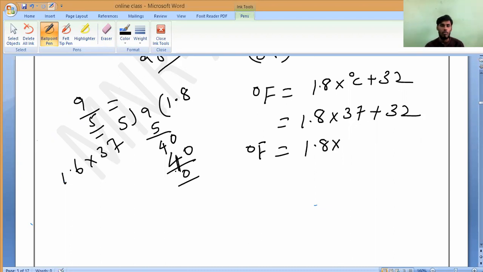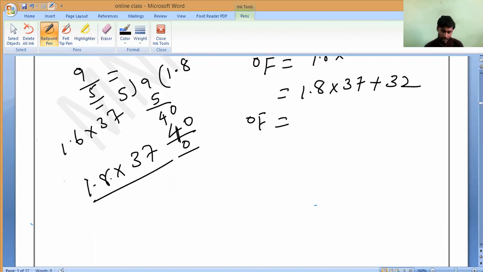1.8 into 37. How much? Do fast. 1.8 into 37. So forget about the decimal, you multiply. 7 8s, how much? 7 8s are 56.